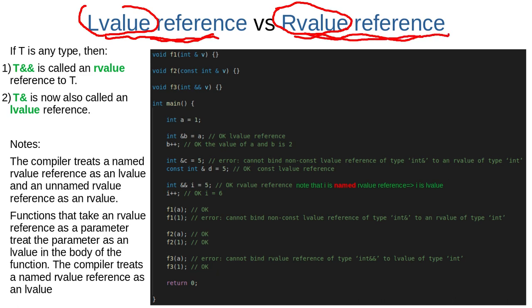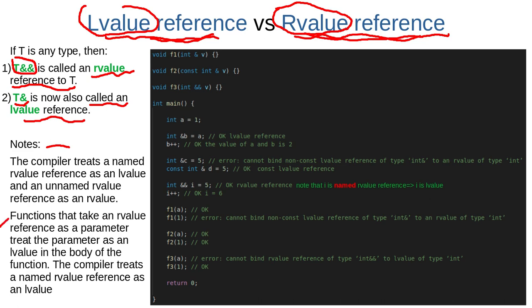If T is any type, assume it's integer, string, any type, then T with two ampersand symbols is called an rvalue reference to T, while T with one ampersand symbol is called an lvalue reference.